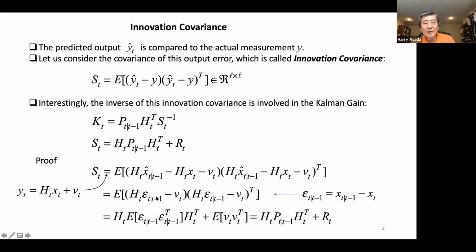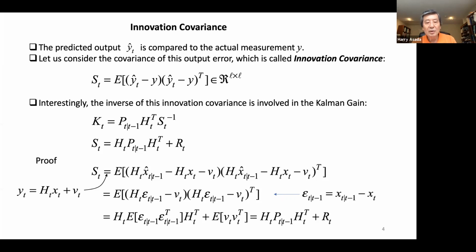So we have Ht epsilon t given t minus 1 minus vt, and then expanding this, we get four terms. But in the cross terms, epsilon t given t minus 1 and vt, if you take the expectation, meaning the correlation between epsilon t given t minus 1 and vt, that turns out to be 0, as we proved last time.